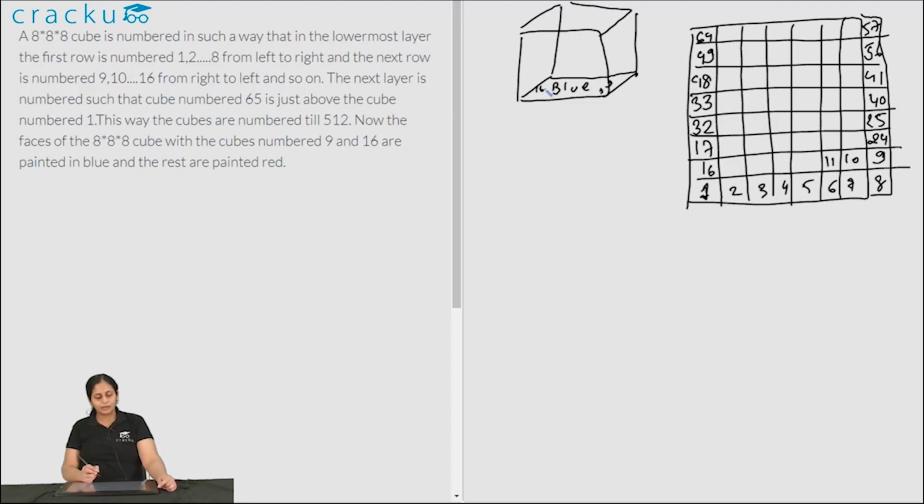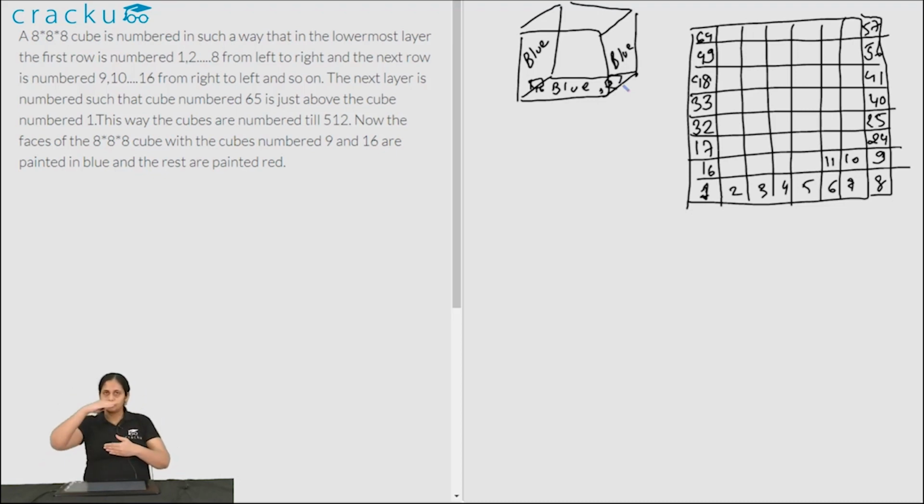Now since the faces containing 9 and 16 are also colored blue, this face over here on the side will also be colored blue, and similarly this face over here at the back will also be colored blue, because cube 16 sits on the side as well as the bottom. Similarly 9 sits over here, on the side as well as the bottom. So basically the bottom side and the two sides are painted blue.